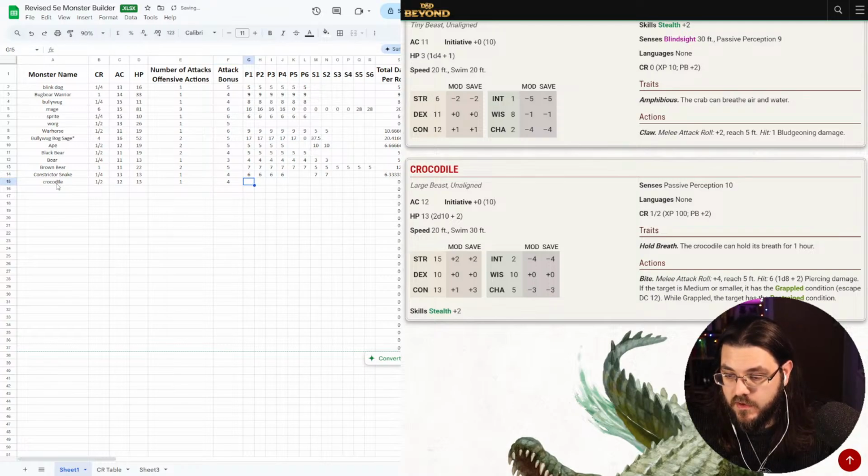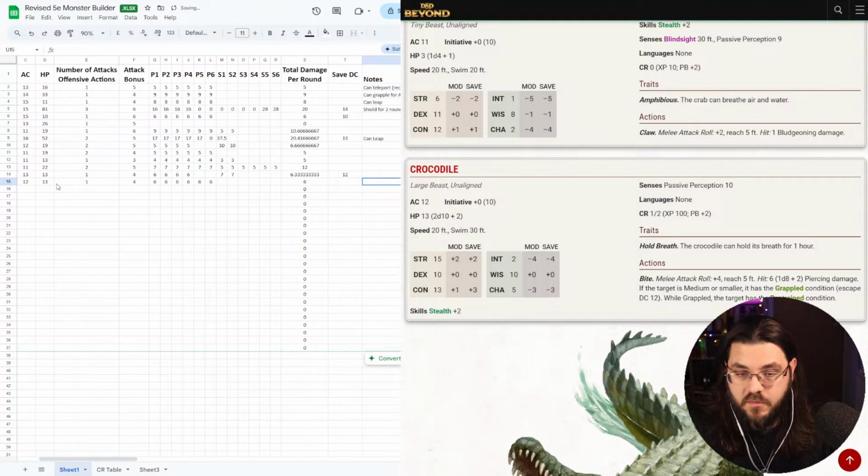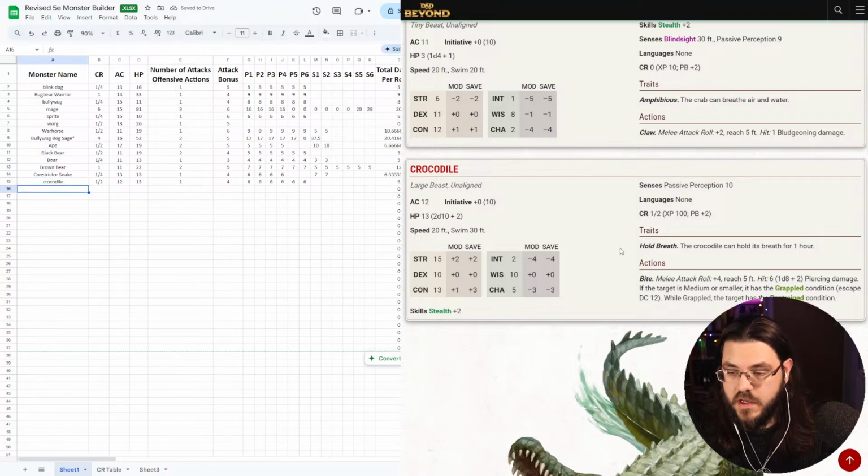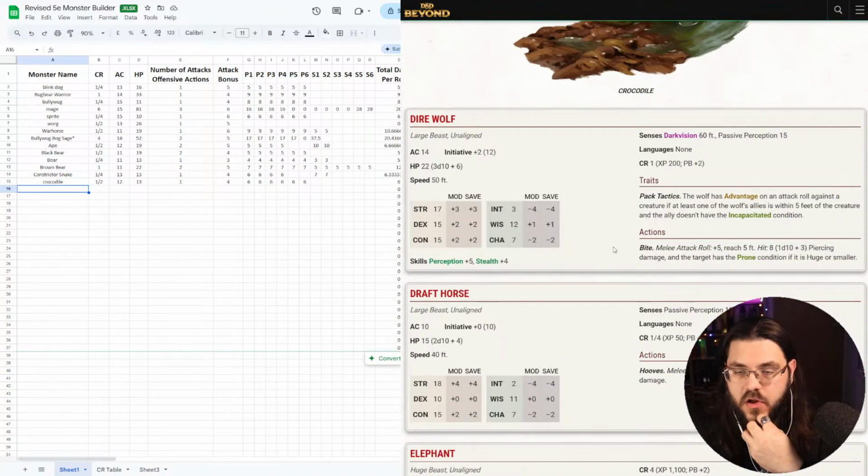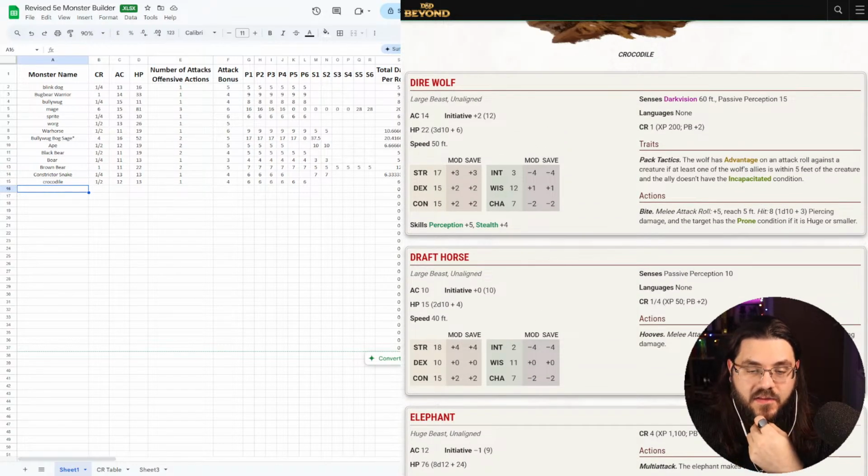They do 6 damage, right? 6 damage, and if it's medium, it's grappled. And the save DC is 12. So between 10 and 12 for these earlier levels in terms of DCs. That's another useful thing to know.